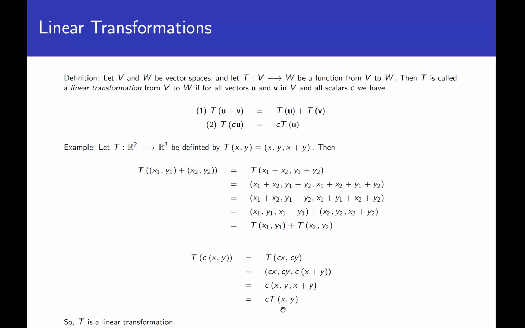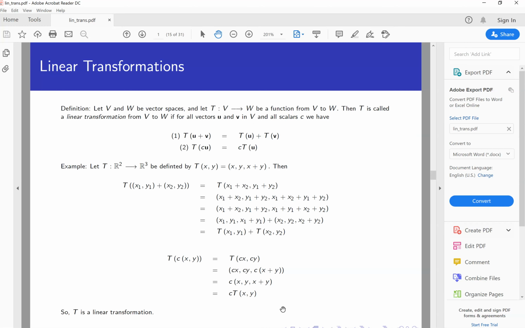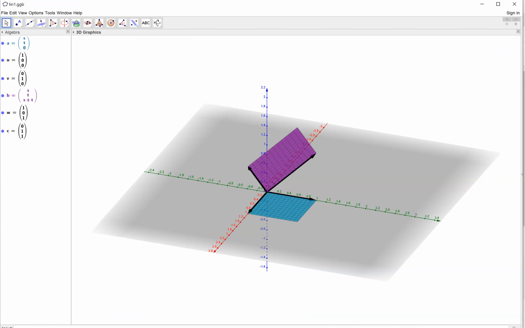So let's look at the geometry of this a little bit, because I think it may help you understand a little better what's going on. Okay, so again, we're taking the image from R2, which here would be your coordinate plane, the XY plane, if you will. This is an image of R2 in R3. And then this purple piece here is just a piece of the output.